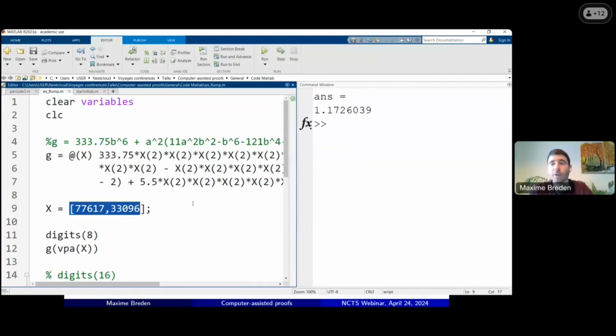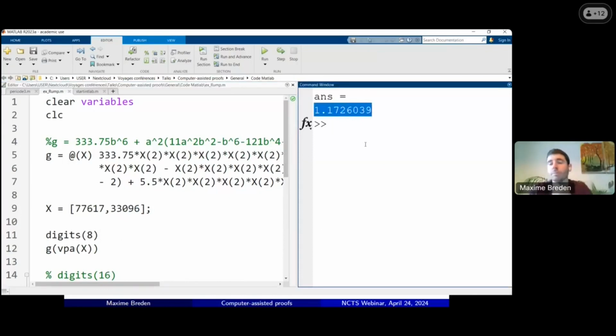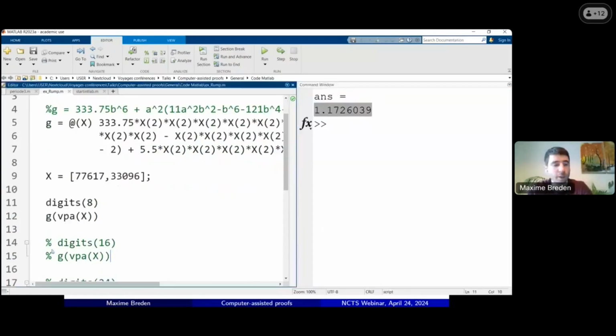For the moment, I'm telling MATLAB to do the calculation with roughly 8 digits of precision in base 10. And this is what I get. But I really want to prove a theorem. I want to be sure that it looks positive, but I want to be sure it's positive. So I'm doubling the precision.